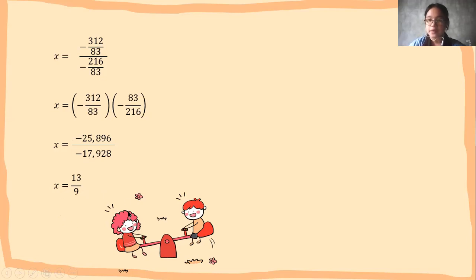So to check if our answer is correct, let's substitute both x and y into one equation. It's either equation 1 or 2, so it depends on you which equation you will be using. So I will use 5 over x minus 8 over y is equal to 29.